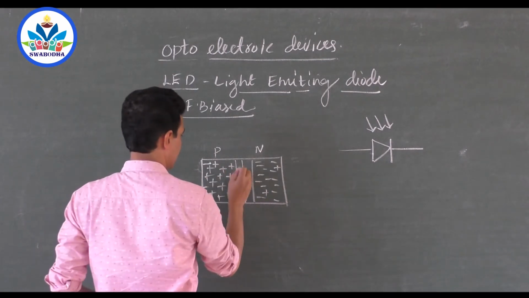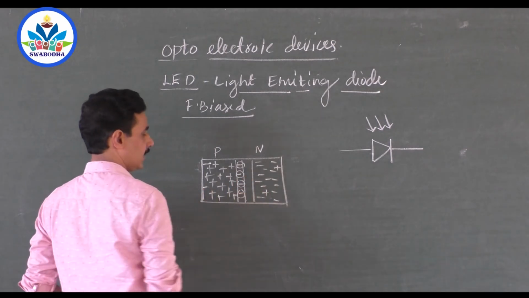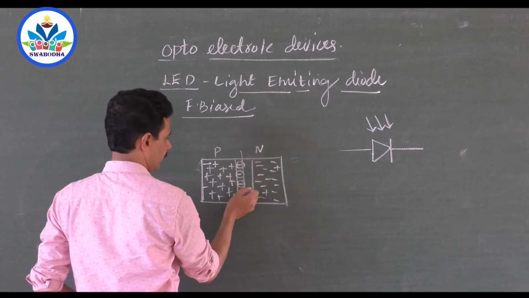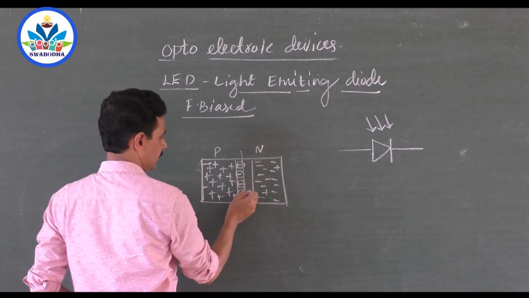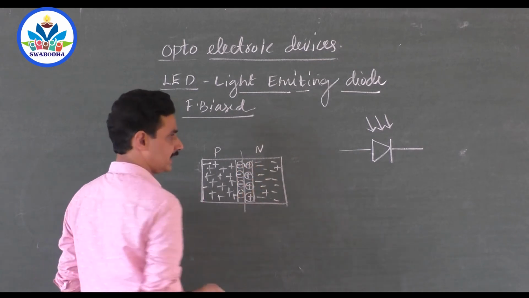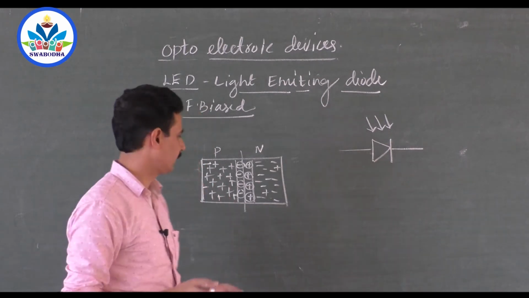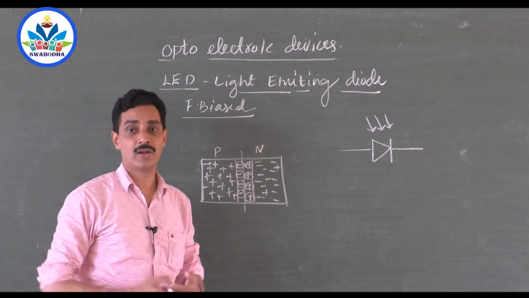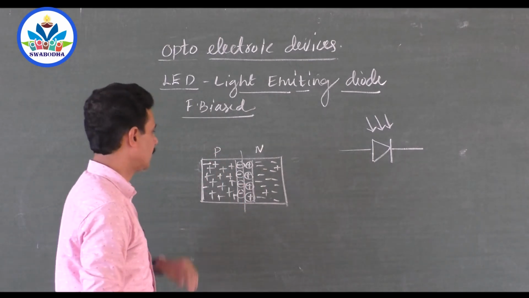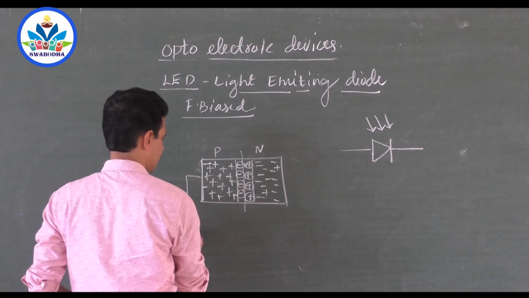This is the junction where immobile ions are present, because these electrons have combined with the trivalent atom here. Since these electrons have come from some pentavalent impurity, it becomes positively charged, and this happens very near the junction first. The migration starts near the junction first. So that's why the depletion layer is formed near the junction, not somewhere away, because crossing takes place first at the junction.